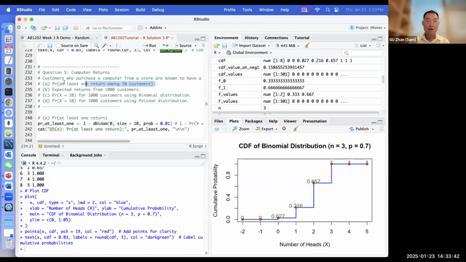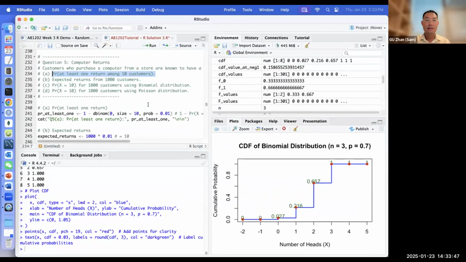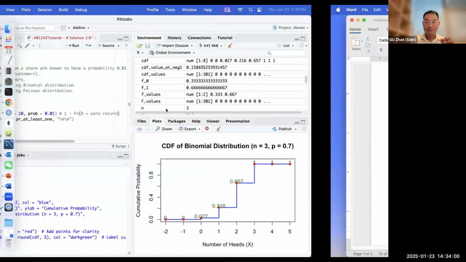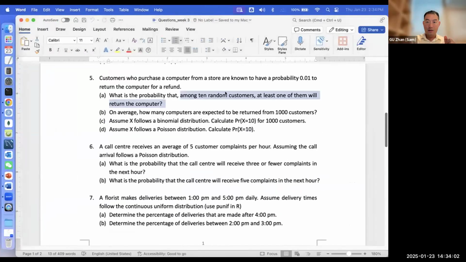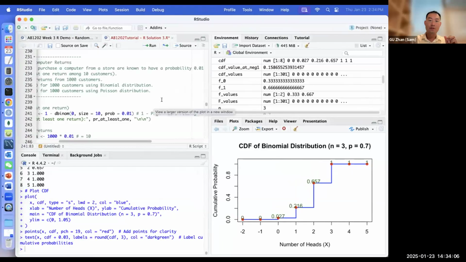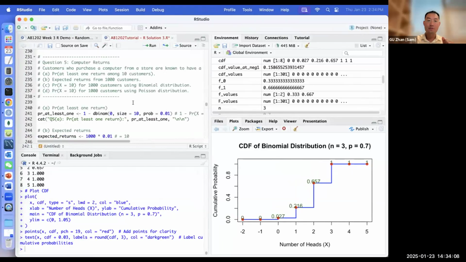Probability of at least one return among 10 customers. Because they say at least one, it is 1 minus 0 returns. So if you know the probability of 0 returns, it is this.